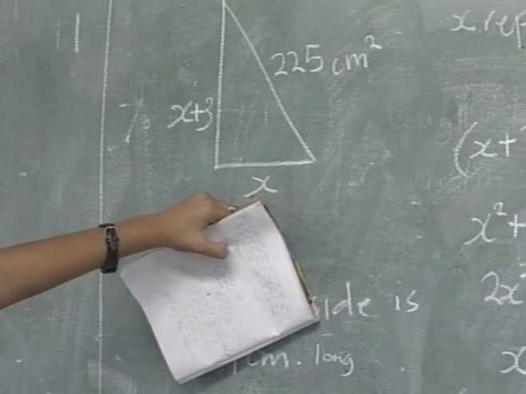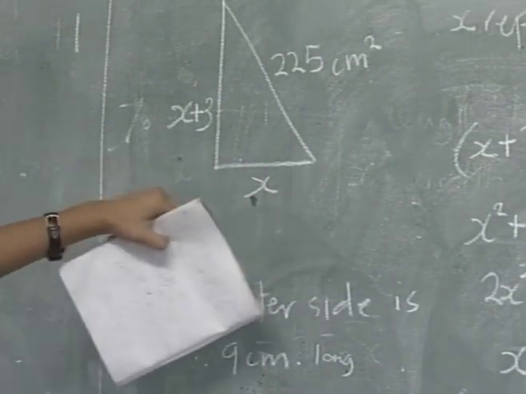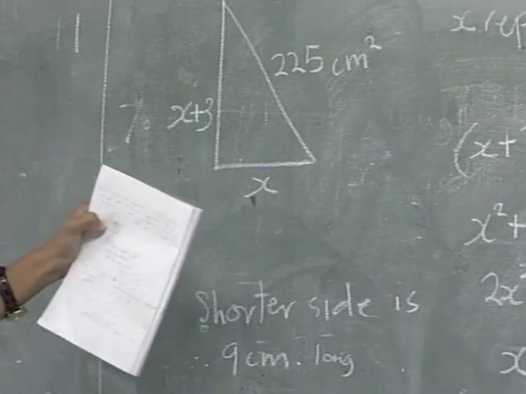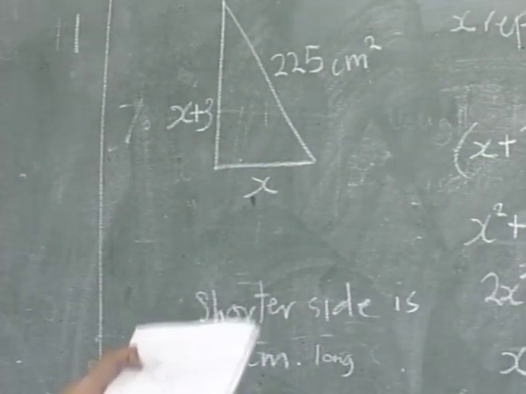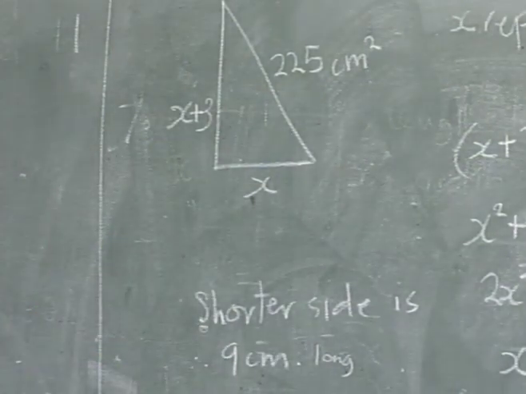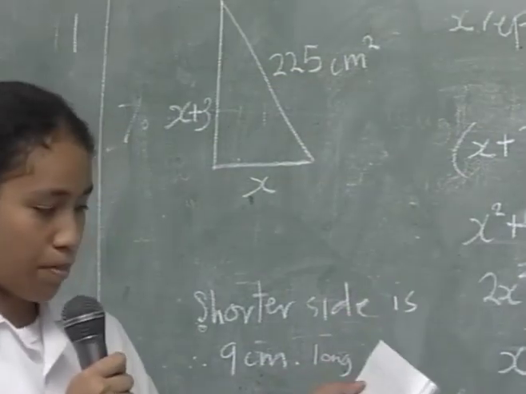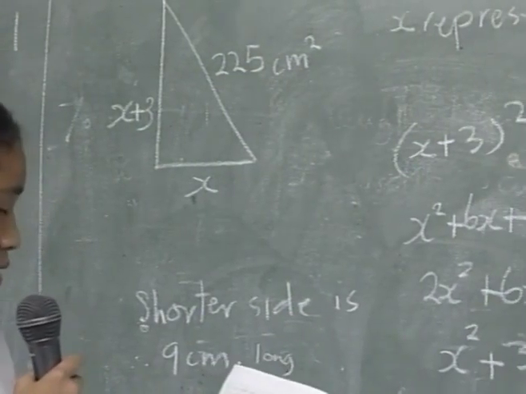It's telling us here that the longest side is 3 centimeters longer than the shortest side. Okay, in this case, I use Pythagoras theorem.